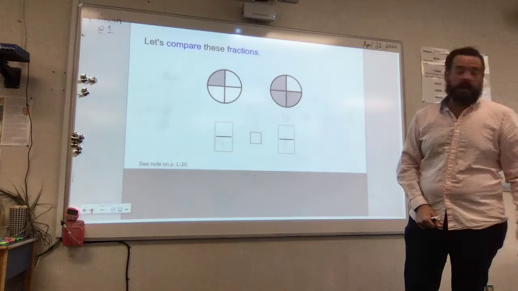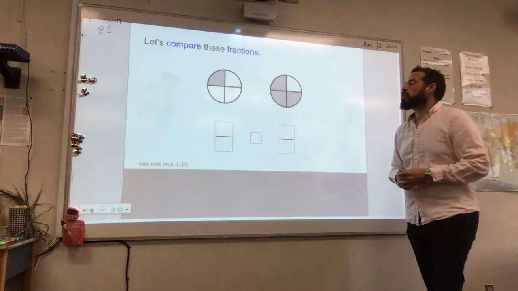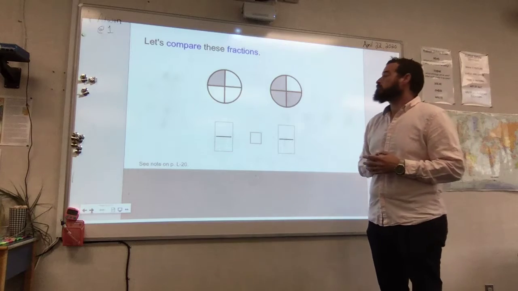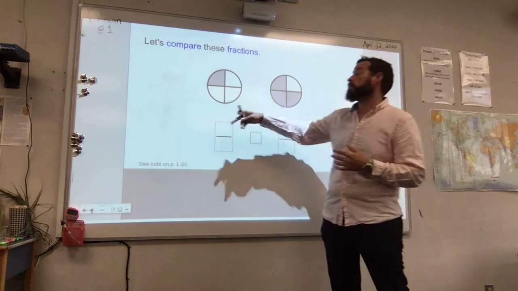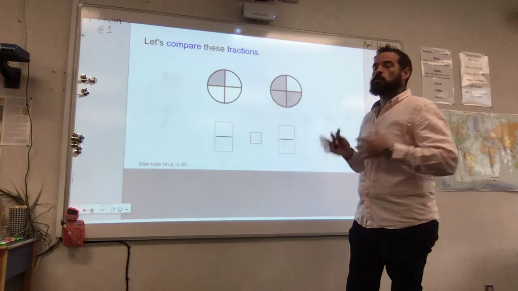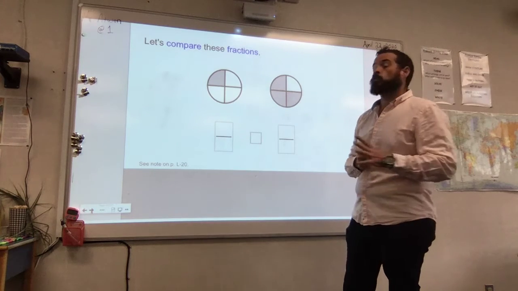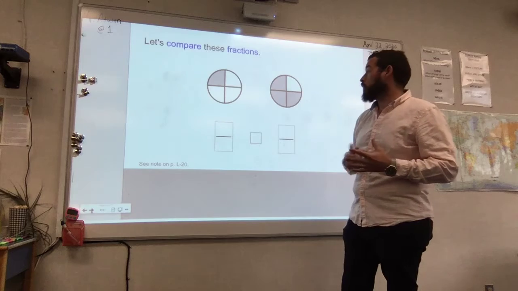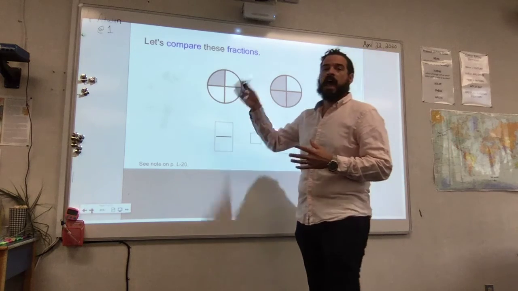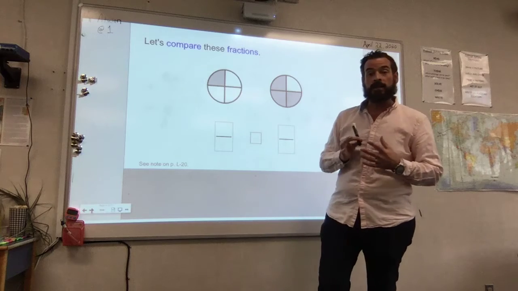So let's take a look at this first slide, where it's asking us to compare these fractions. If you look at these, you've got two circles divided into equal parts. Any fraction is talking about parts of a whole. To figure out what our denominator is going to be, we count how many sections it's been divided into altogether.